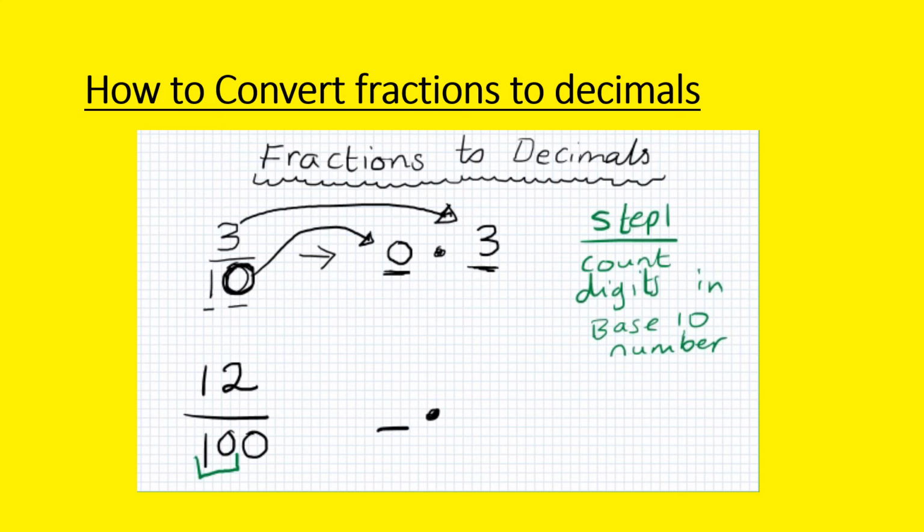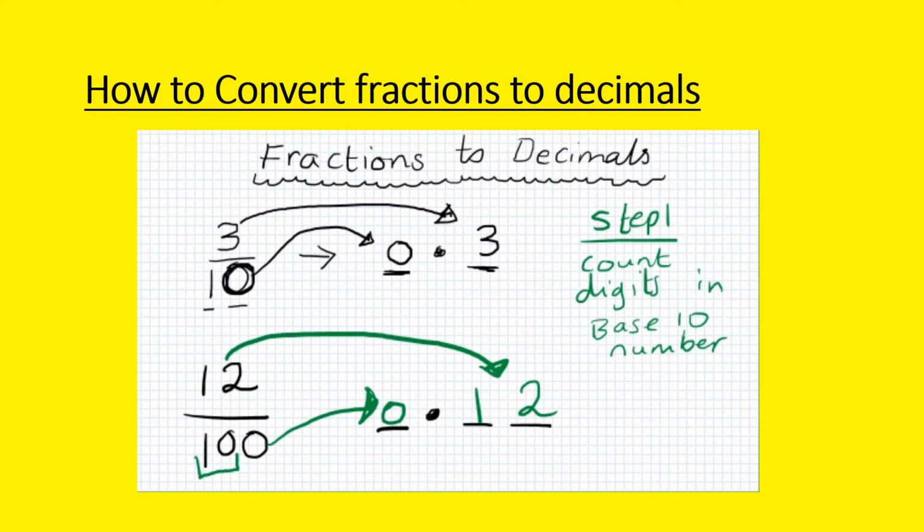So that's space for the first, space for the second, space for the third. So let's move this number 12 here. Wow, look at that, space for 2 there. So 1 and 2 go here. And what do I have left? I've got 1 space here for a 0. So let's put that 0 in.